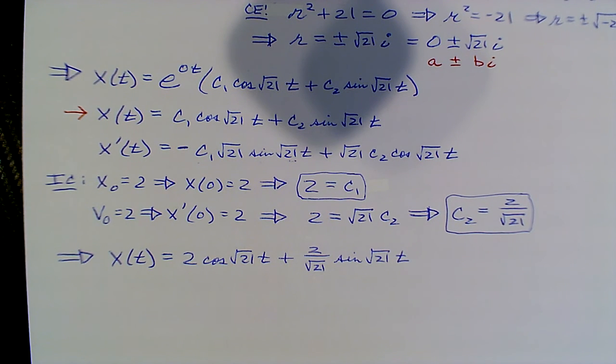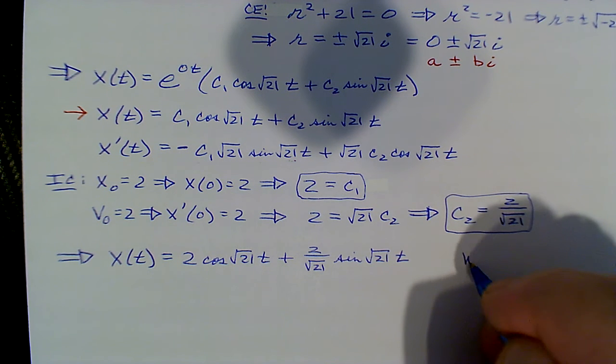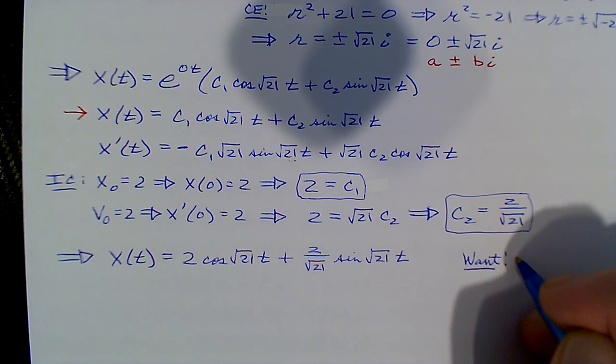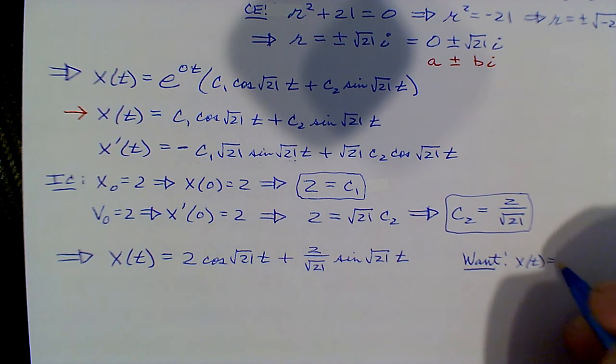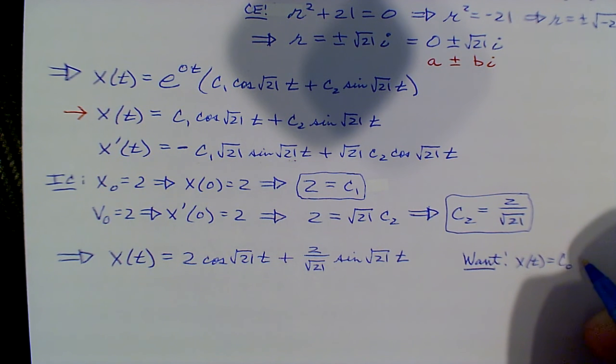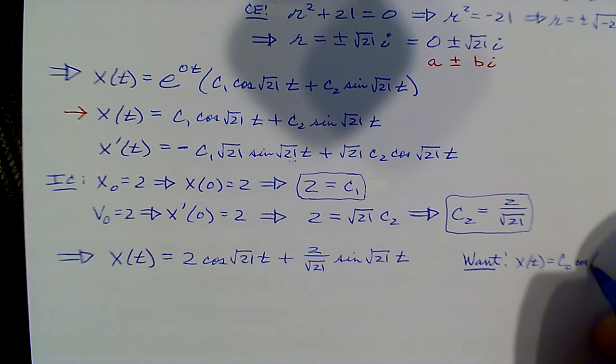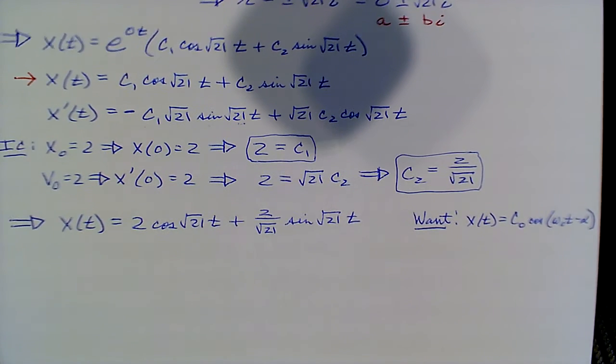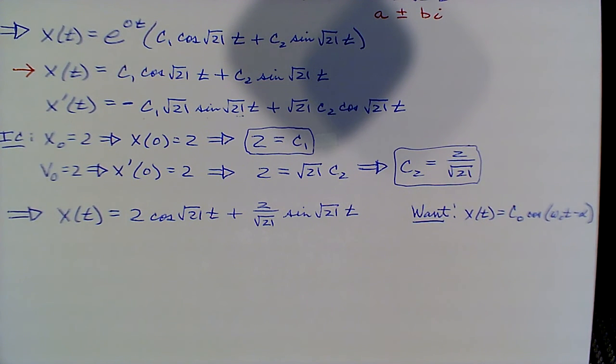All right, so now we have to transform that to be in the form of x of t equaling c sub 0 cosine of omega sub 0 times t minus alpha.